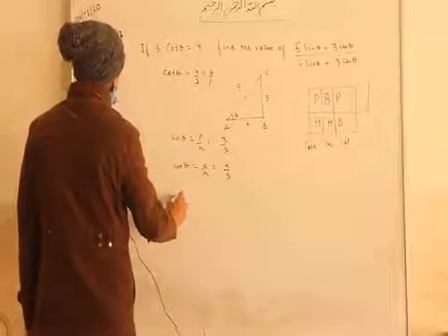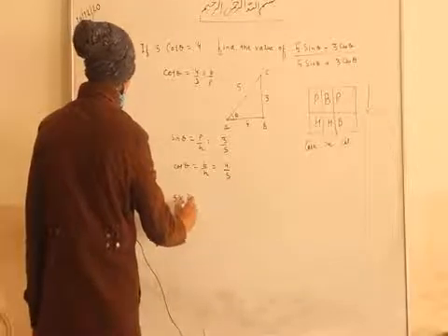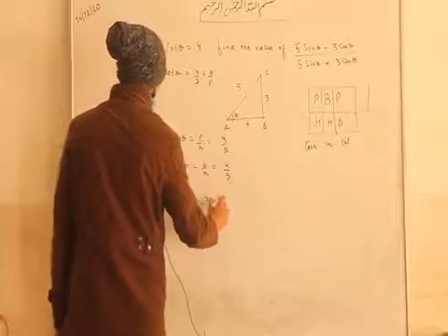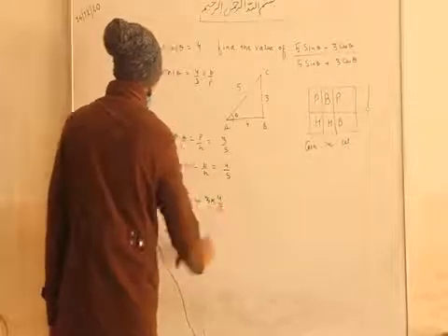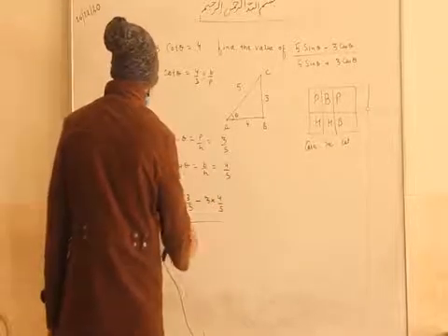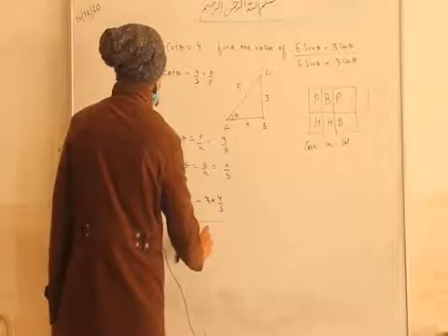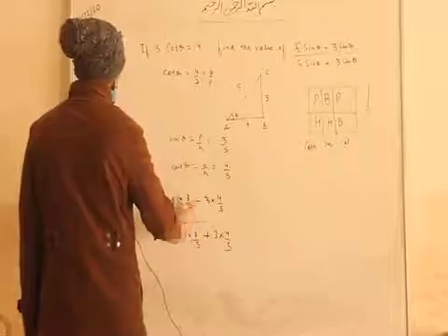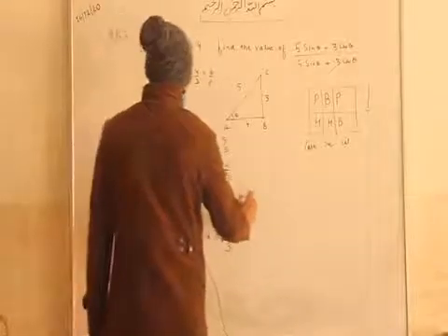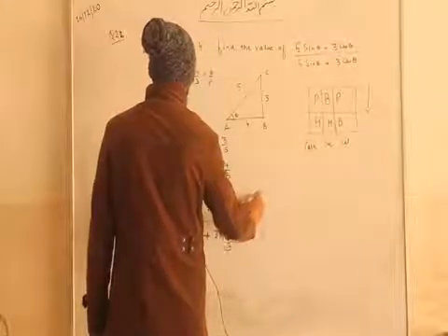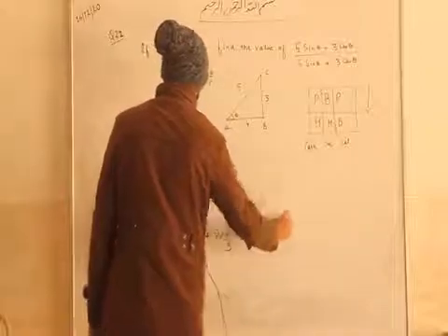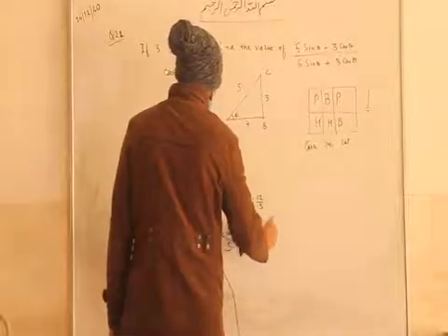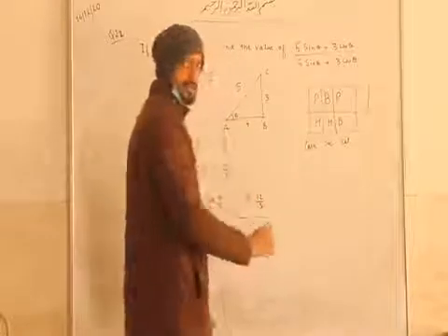So 5 into sin theta is 3 by 5 minus 3 into cos theta is 4 by 5, divided by 5 into 3 by 5 plus 3 into 4 by 5. Solve this, 5 cancels out. So it will be 3 minus 12 by 5 divided by 3 plus 12 by 5, right?